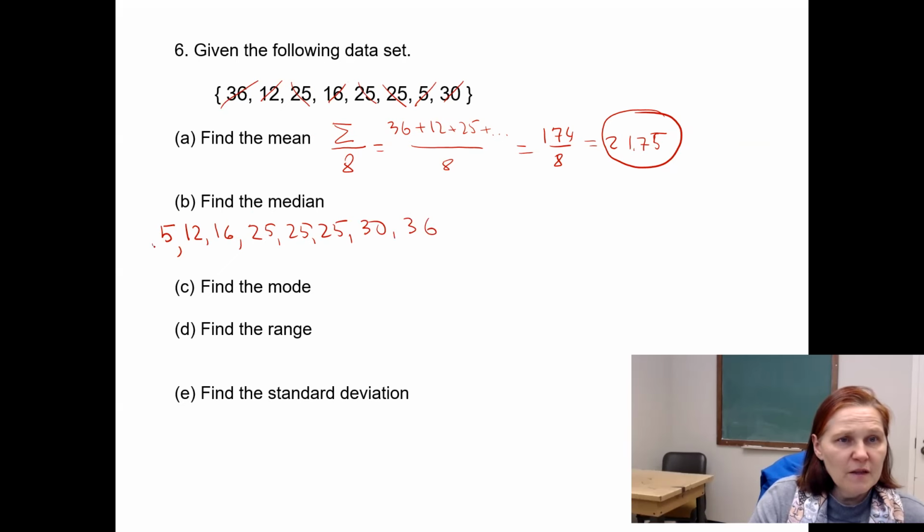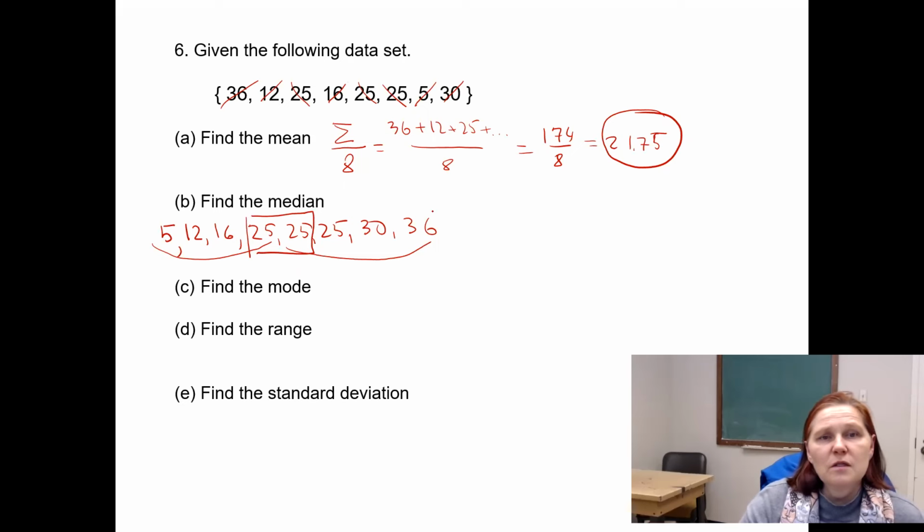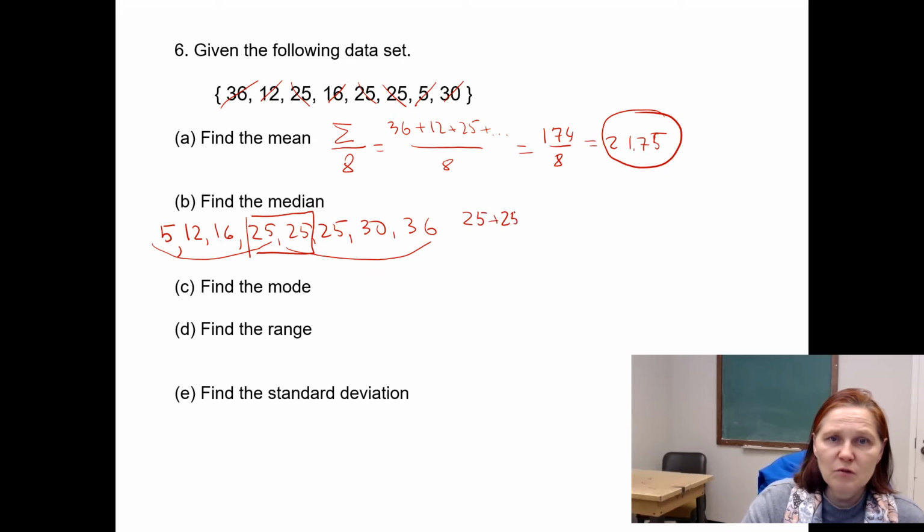Since we have 8 numbers, the median is determined by the 2 numbers in the middle. So they are the same, but in case they are not the same, we find the mean. 25 plus 25 over 2, which is 25, and 25 is the median of the data set.